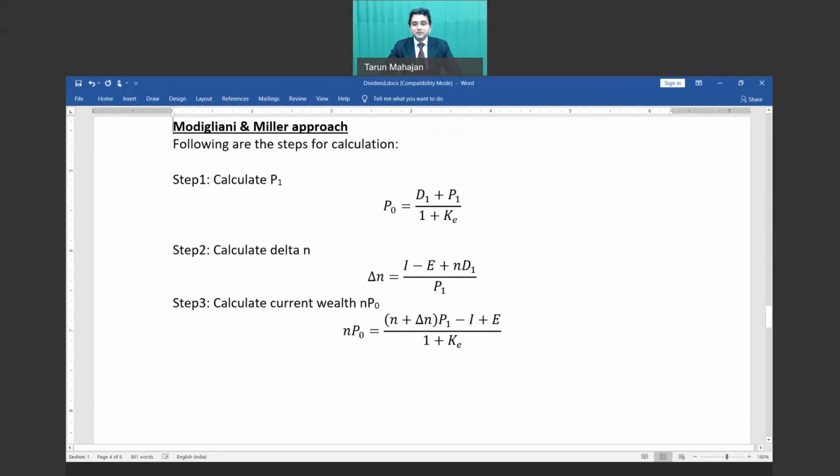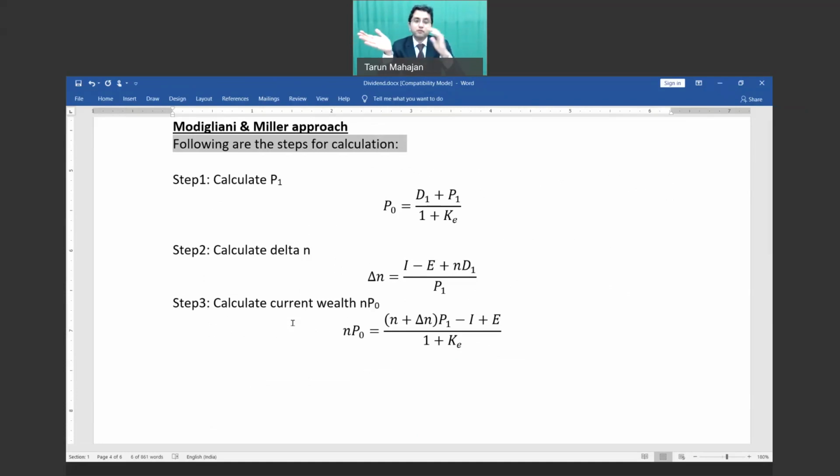There are 3 steps for calculations under M&M. And you will repeat these three steps 2 times. Number one, you will do these steps with dividend. And number two, you will solve these steps without dividend.